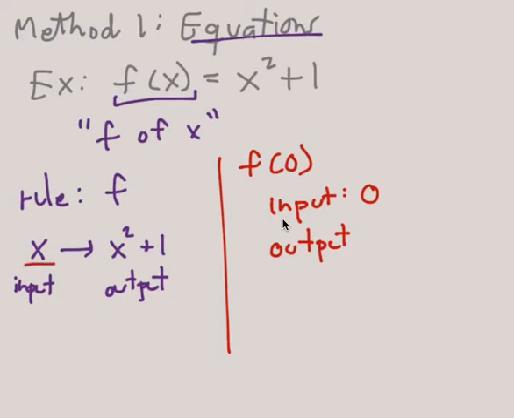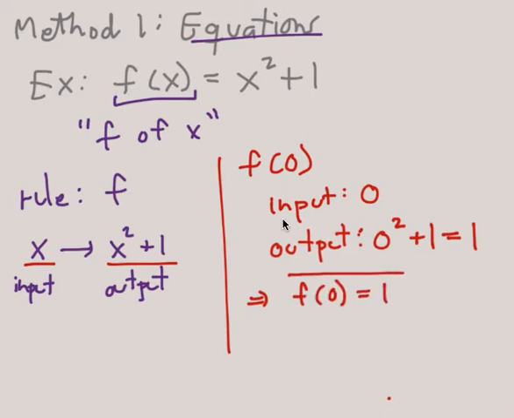I take x, and to get the output I square that x, then I add 1. So I get 0 squared plus 1. 0 squared is just 0, so 0 squared plus 1 is equal to 1. Therefore, f of 0 is equal to 1. And we can just write it like this.